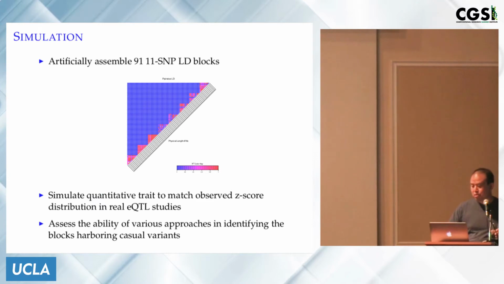Well, the artificially constructed blocks have the same size, but within the block, because they're real data, they have different LD structure. So we have no control over these. To answer your question, we're not trying to favor one block versus the other. When we pick the signal, it's just randomly put into the block. Yeah, there is another question.